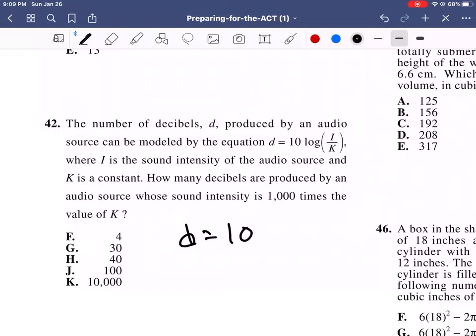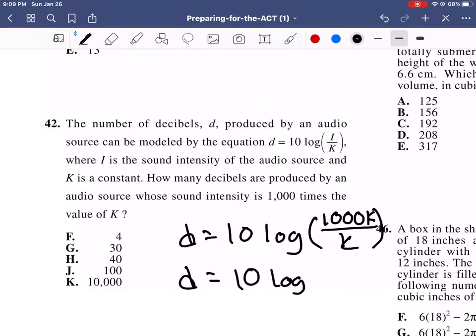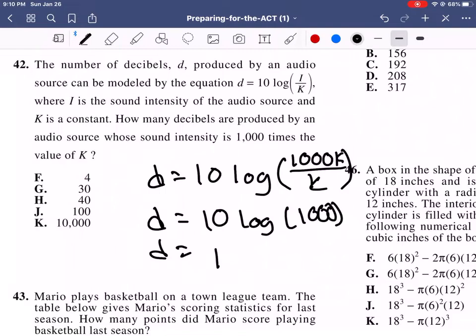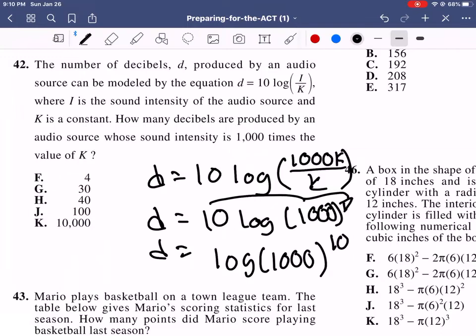D equals 10 log of 1,000K over K. That becomes 10 log 1,000. To put it in my calculator, I'd put log 1,000 times 10, because the exponent goes over there. It's a property of logarithms. That would equal 30 when you plug it into your calculator.